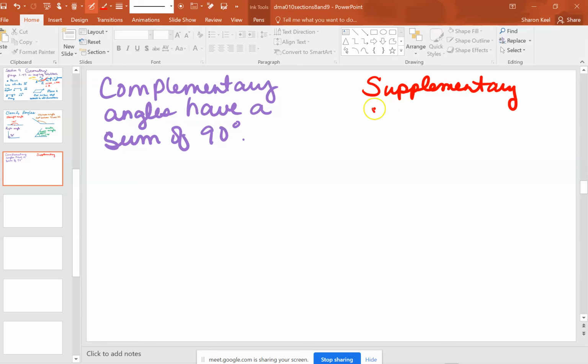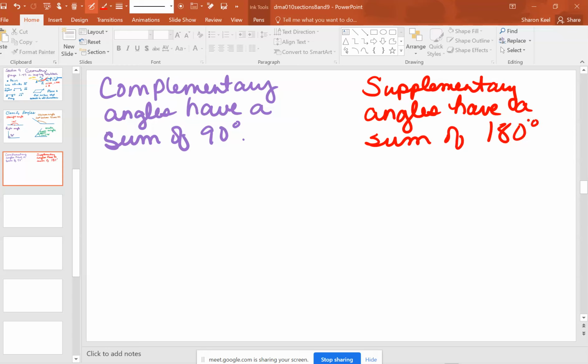Supplementary angles have a sum of 180 degrees.